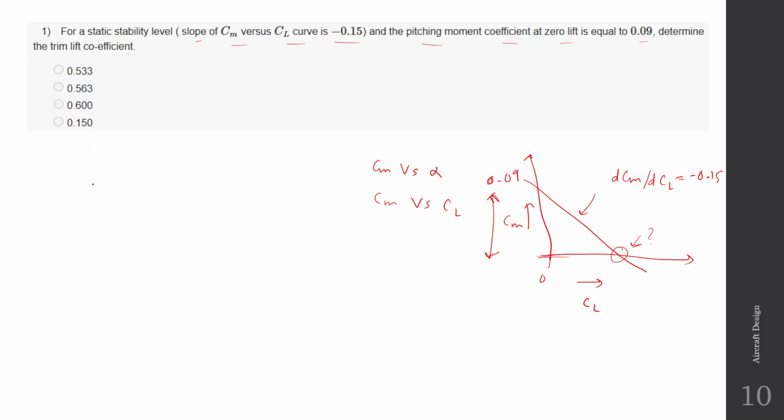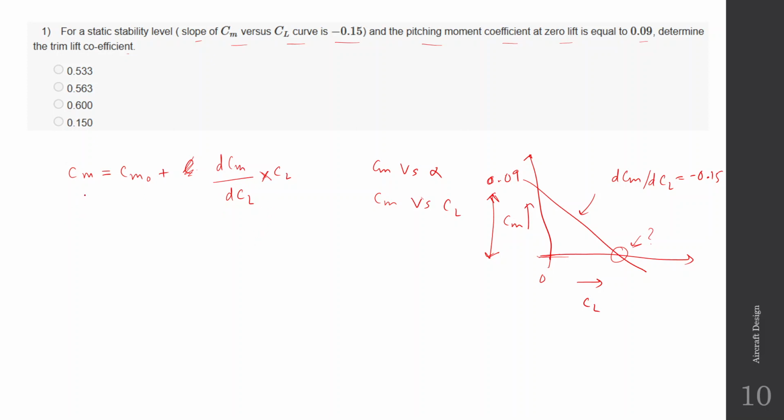So we know the equation. The equation is Cm equal to Cm naught plus dCm by dCl into Cl.